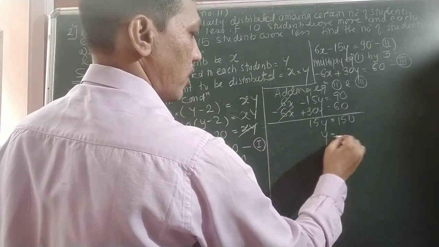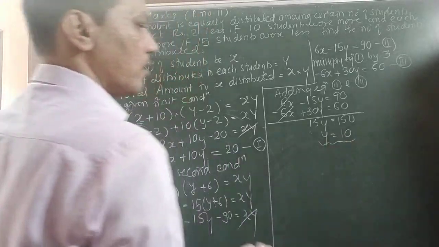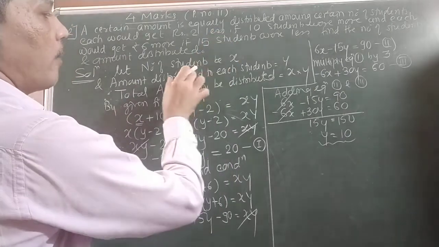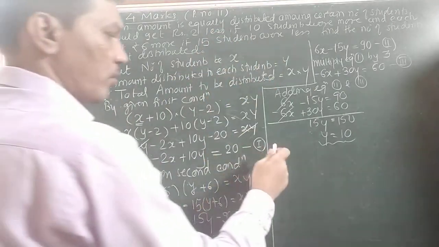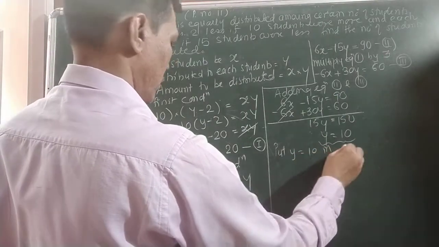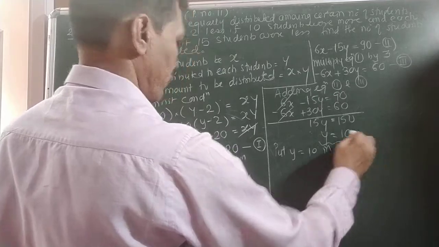Now y is equal to 150 divided by 15, equal to 10. Okay, so I get y is equal to 10. Y is the amount I distribute to each student. Now put y is equal to 10 in any equation, say the first.